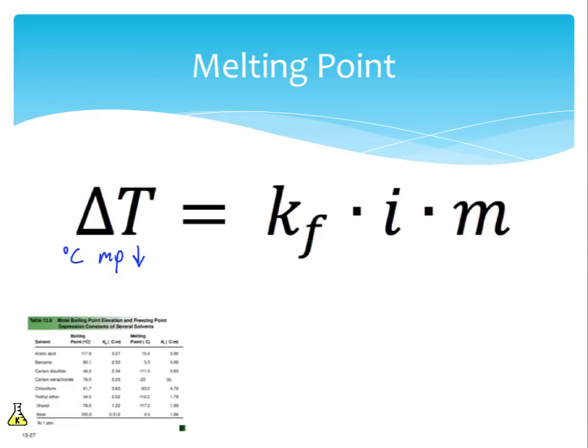And just like before, K sub F is not a number that we need to know. It's a number that we'll read off of a table, and this table will always be provided for you. I is the same exact term as it was before, and M still stands for your molality. So it's a very similar equation to our boiling point equation. The only difference is we'll be calculating how much our melting point goes down as opposed to how much our boiling point goes up.